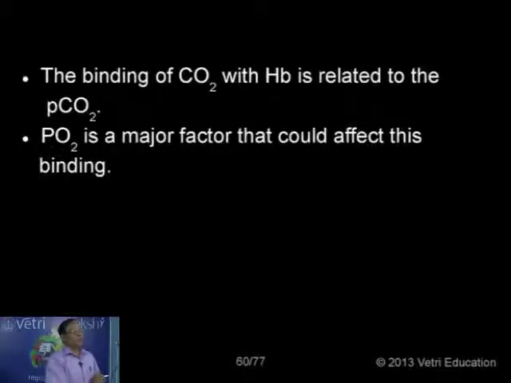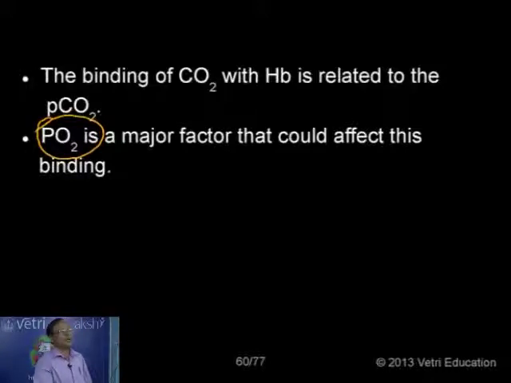Now, the factor which favors the binding of carbon dioxide with hemoglobin is related to the partial pressure of carbon dioxide. This is the major factor responsible for binding of carbon dioxide with hemoglobin. Another major factor which affects the binding is the partial pressure of oxygen.